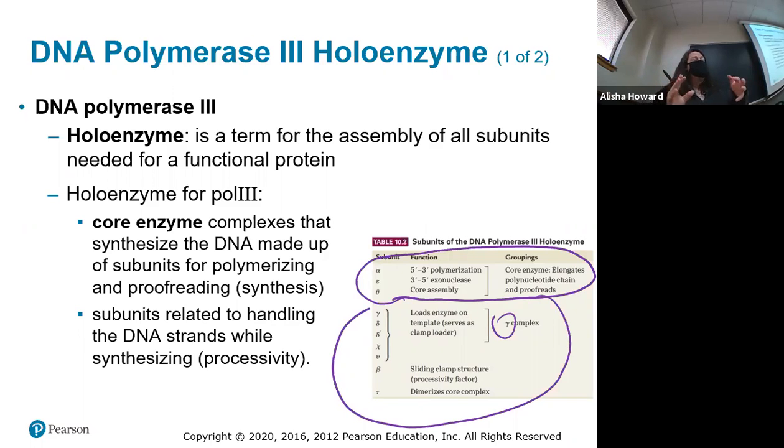No, the DNA has all these forces on it related to pulling apart the strands, keeping them apart, loading it. Well, the polymerase has these loading functions. And a sliding clamp that helps it stay on the DNA. You don't want it to fall off in the middle of the strand and make a half strand. And those are called processivity, keeping it running.